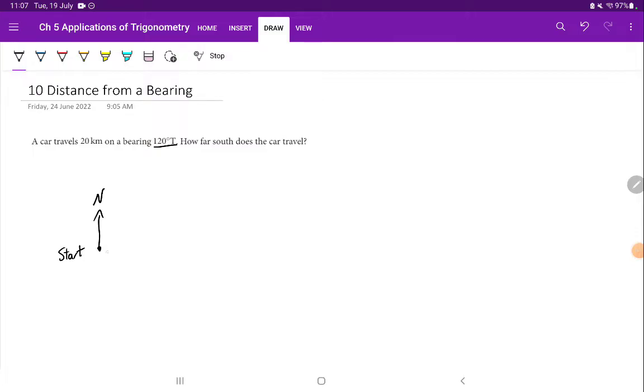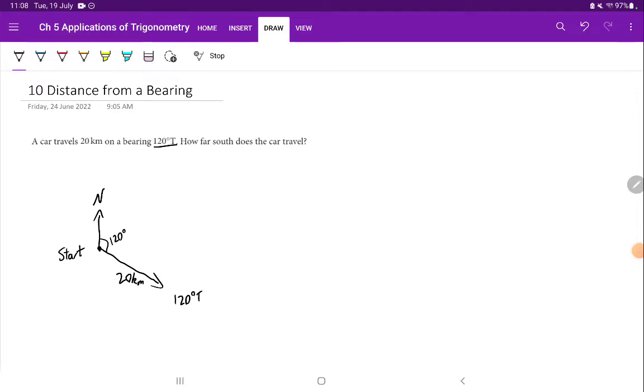So it's going to be in between this line and this line. It's going to look something like this. That is 120 degrees true. And this is actually 120 degrees here. And we know that this is 20 kilometers.